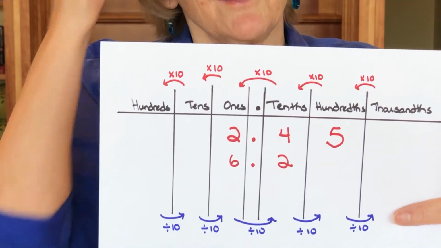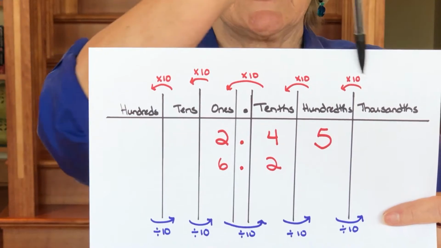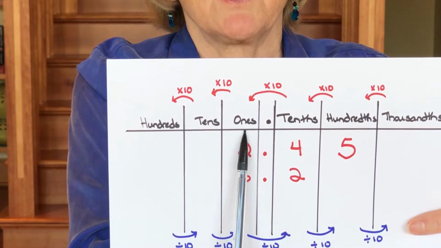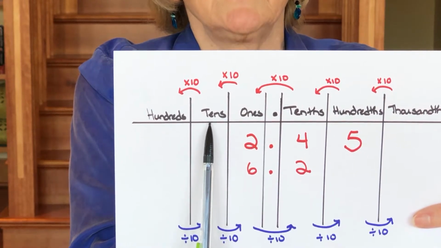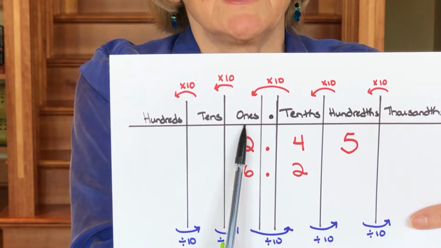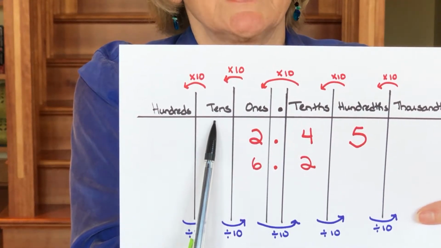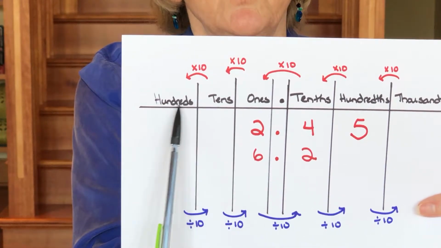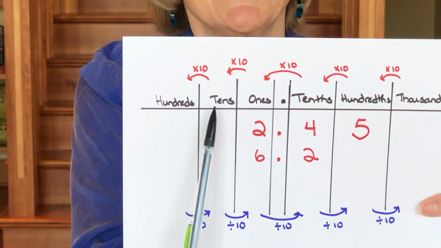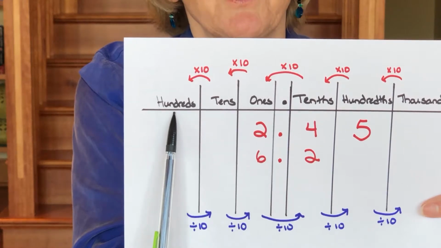And what they're not understanding is this idea that it takes 10 of any one of these place values to equal 1 in the next place value, meaning 10 ones will equal 1 ten. 10 tens would equal 100.